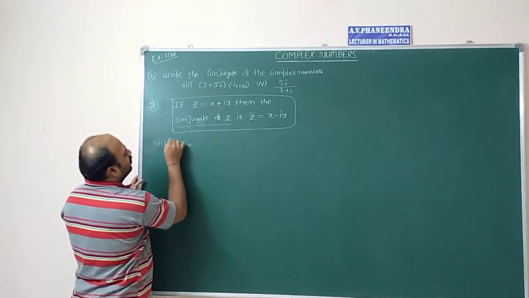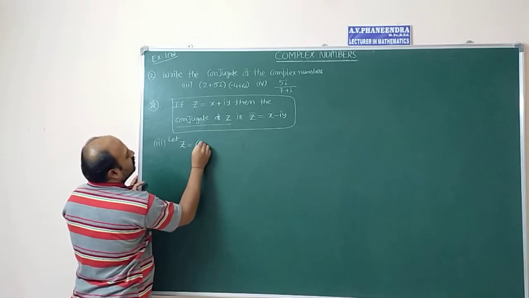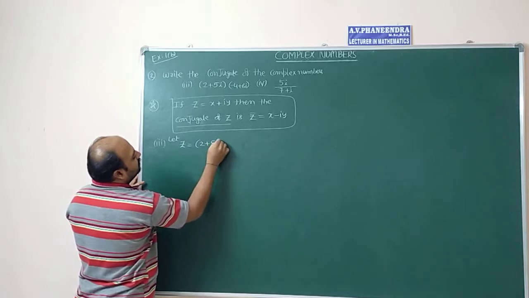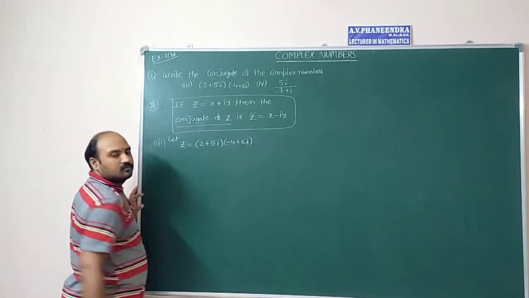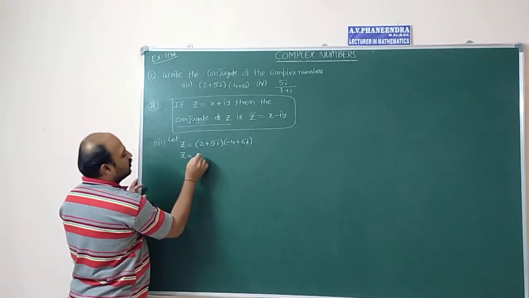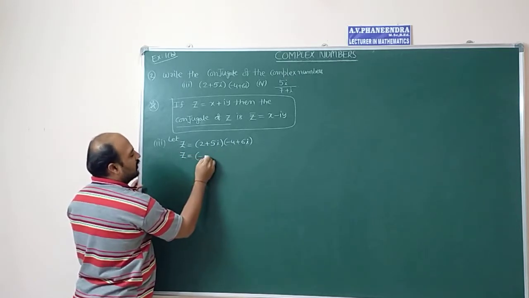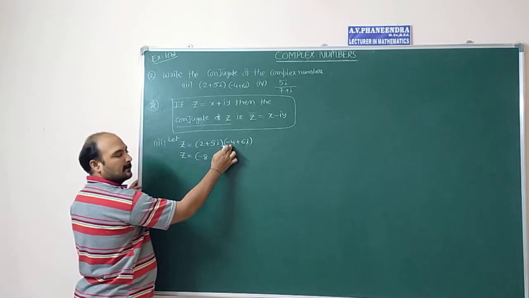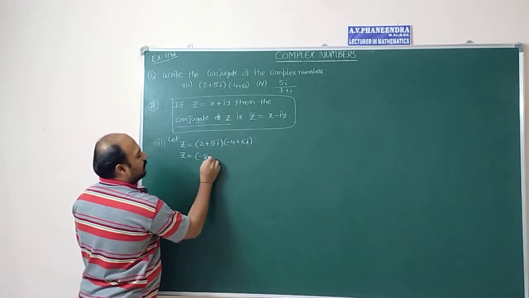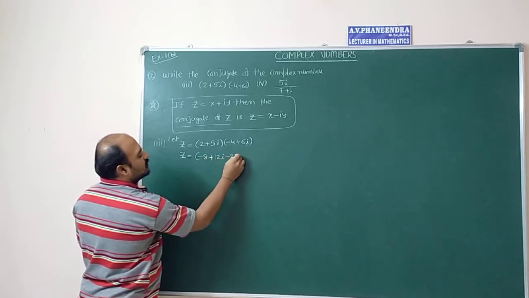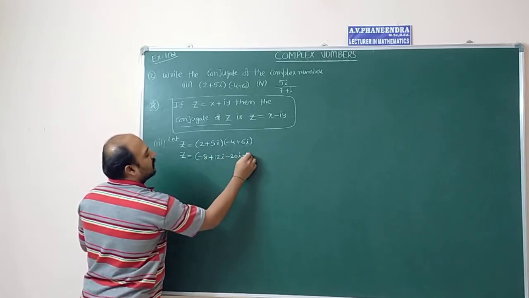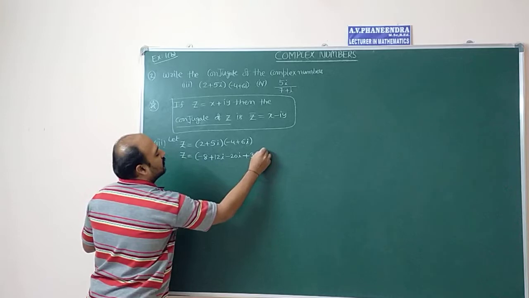Let Z is equal to (2 plus 5i) into (minus 4 plus 6i). So Z is equal to 2 into minus 4, minus 8, plus 12i, minus 20i, plus 30i square.